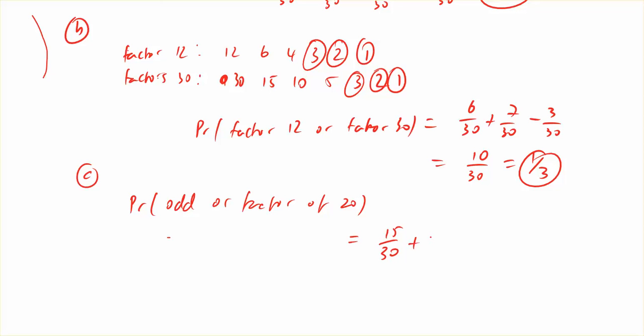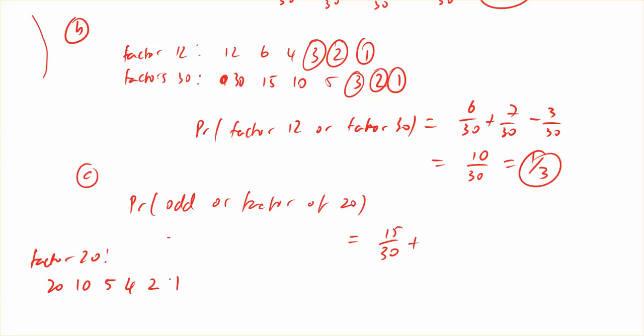If you count the numbers, you'll get 15 out of 30, so I'm not going to show you why. For factors of 20, let's work this out. Factors of 20: 20, 10, 5, 4, 2, 1. Just checking whether I'm missing any. I think that's the factors of 20.